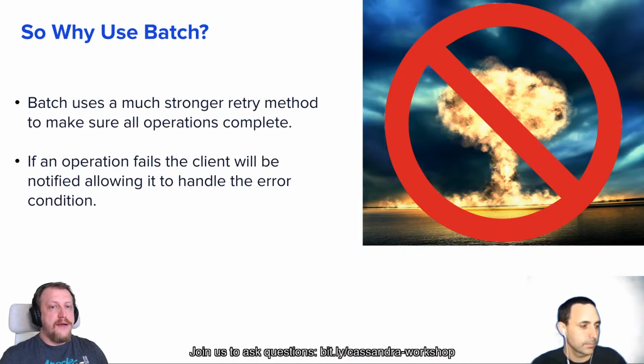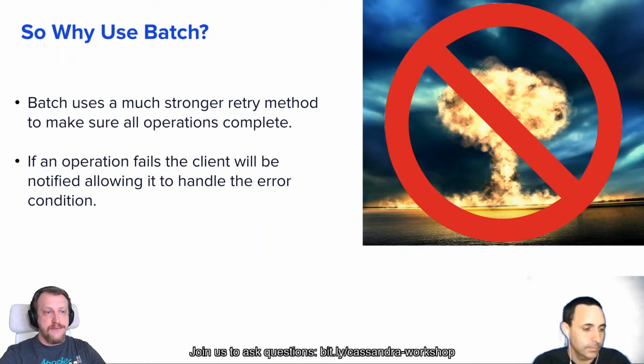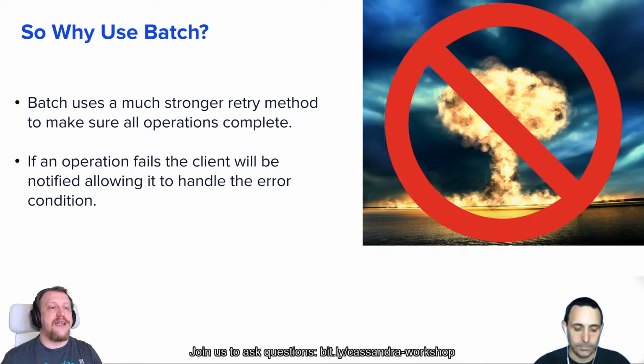Why use a batch? A batch has a very strong retry and persistence mechanism to make sure all operations complete. If an operation fails, first the batch will retry your write operations, and if by any chance that is not possible anymore, then the application will be informed that the batch has failed.